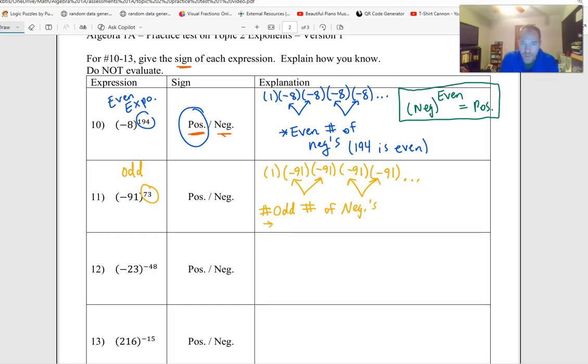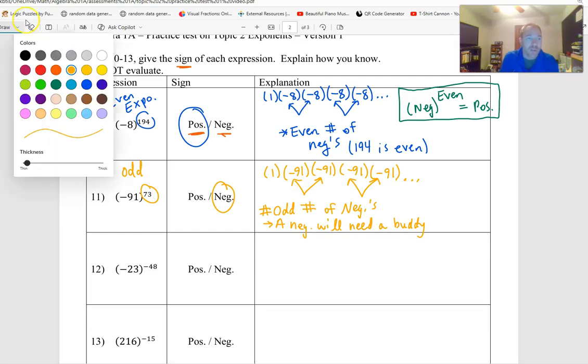A negative will need a buddy. That's going to leave us with this result. Again, I'm not going to calculate it because it's going to be a ridiculously huge number, but it's going to be a negative result here.